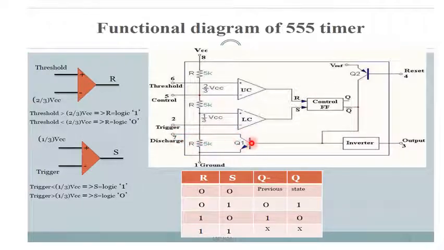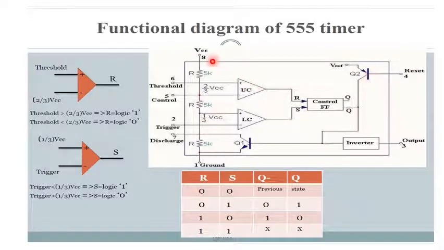When the transistor is on, it acts like a switch, and the discharge happens through this transistor. Q bar is also connected to the inverter, so when this is 1, the output will be 0, and when Q bar is 0, the output will be 1. That is the inverter logic. And this Q bar is also given to the reset transistor Q2, which is used to reset the timer.